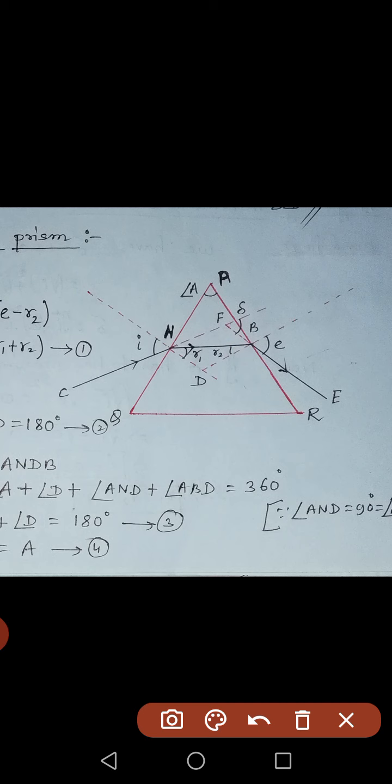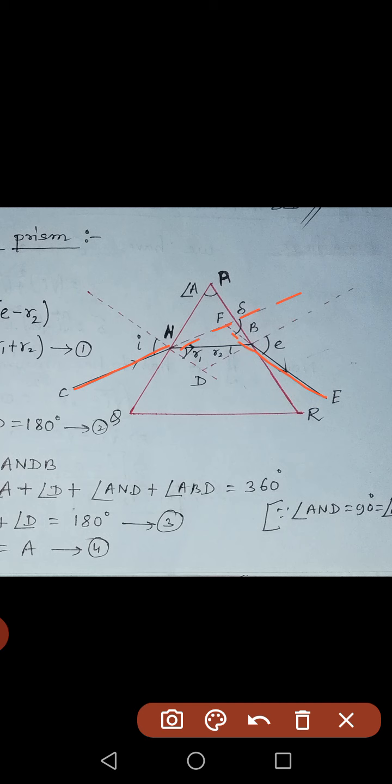Now in this prism you will get two more angles. One is the angle of prism: the angle formed at this vertex, suppose it is angle A. Another is the angle of deviation. The angle of deviation is the angle formed by the extended incident ray and the extended emergent ray. This is the incident ray, this is the extended incident ray, and this is the emergent ray.